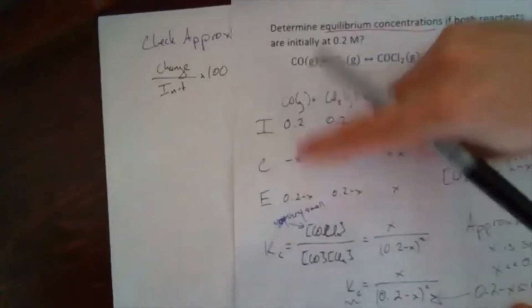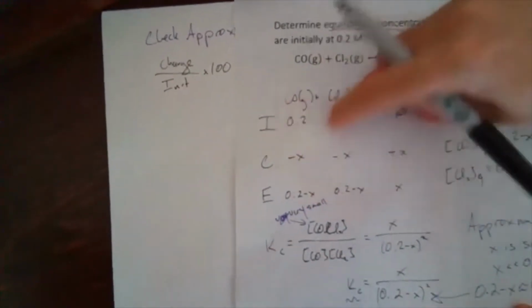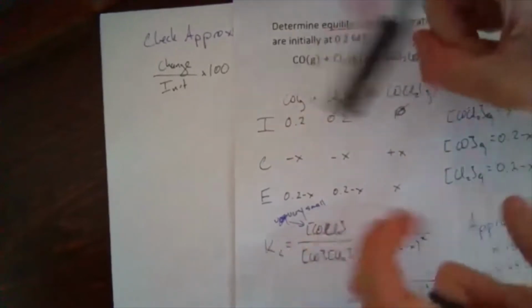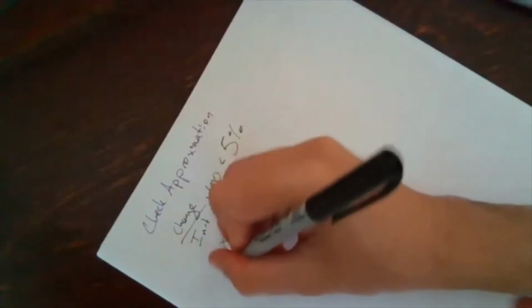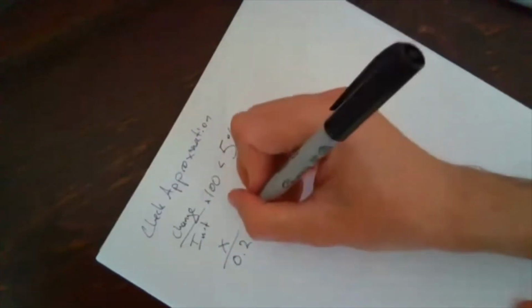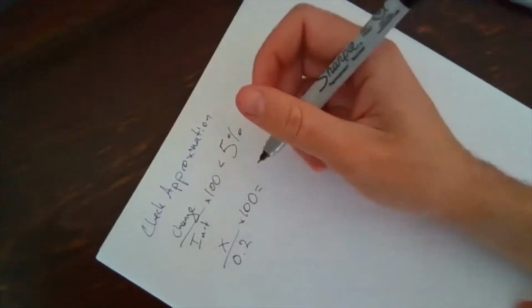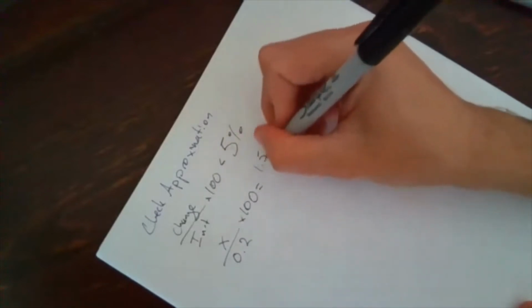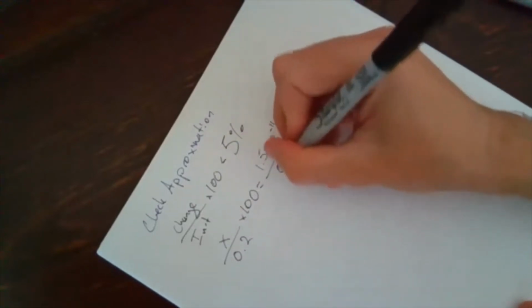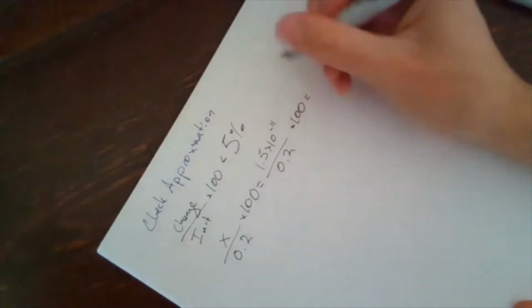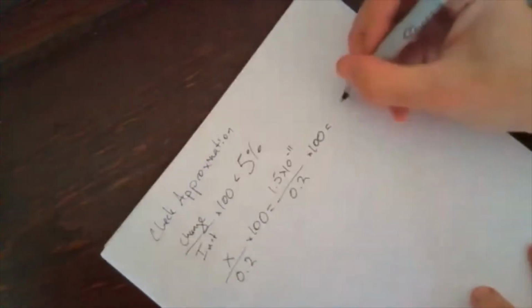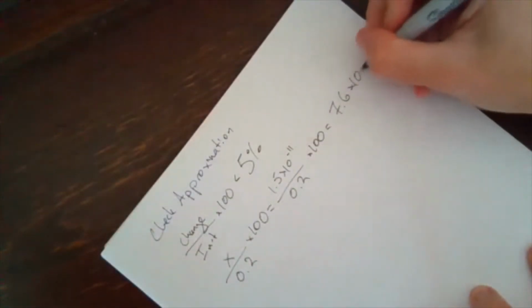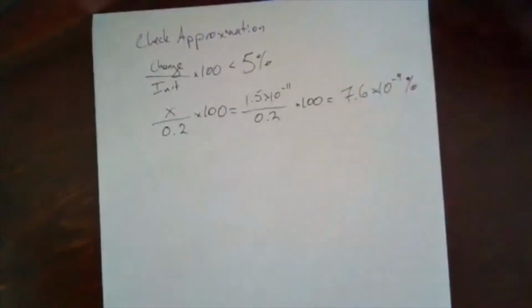We approximated basically that this change, x, was much smaller than 0.2, and our cutoff for much smaller is going to be 5%. So we take our change, x, divided by the 0.2, and multiply that by 100. So x is 1.5 times 10 to the negative 11 divided by 0.2 times 100 to turn this into a percentage, and we get 7.6 times 10 to the negative 9%, which is good.